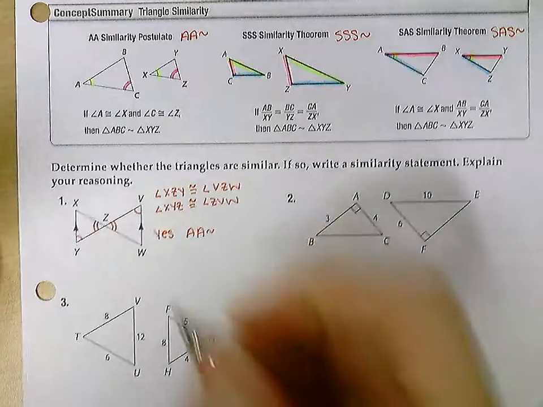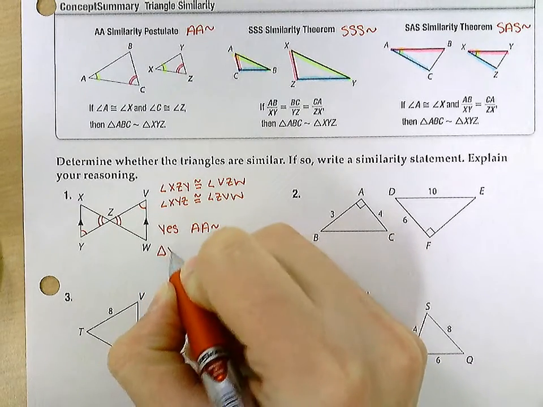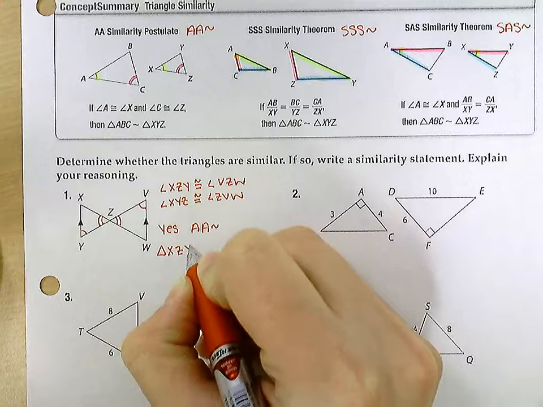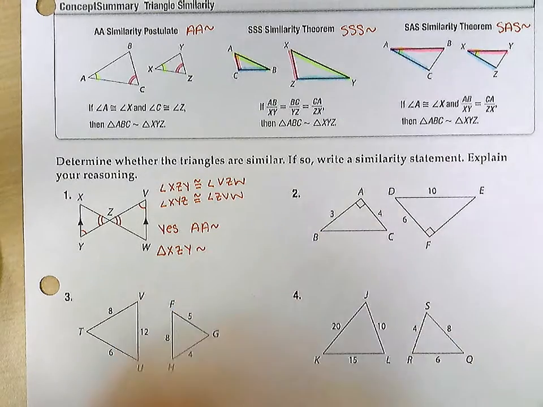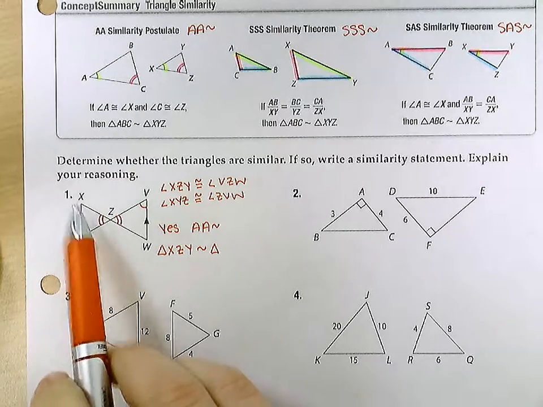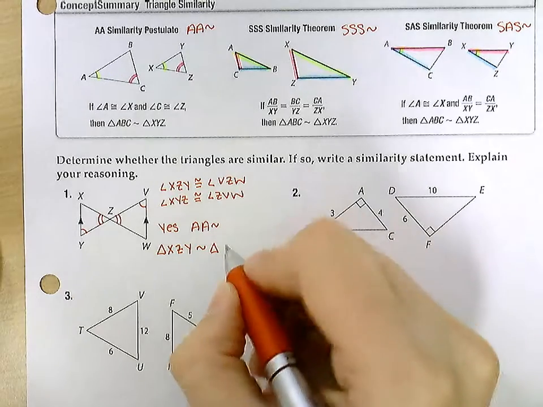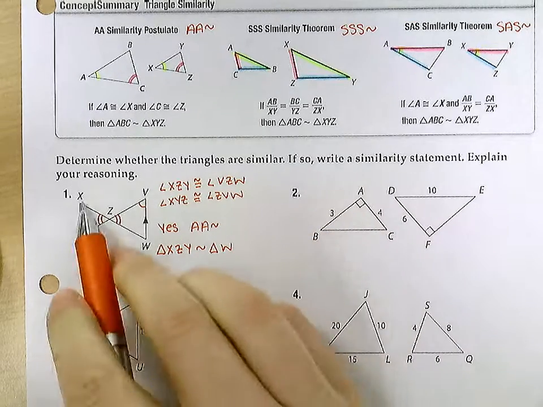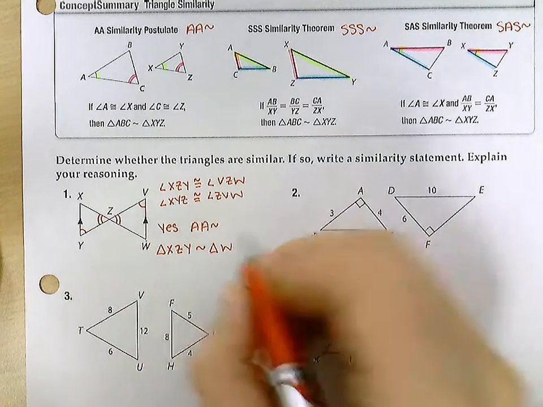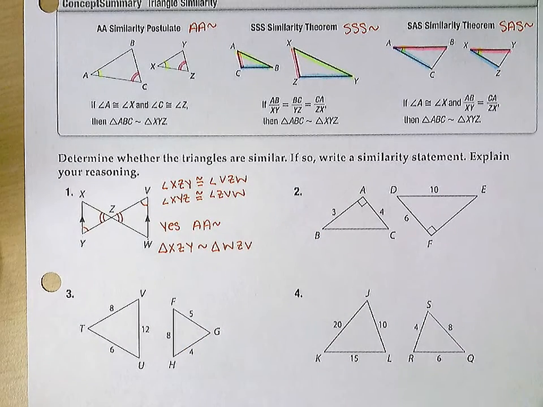So my similarity statement here would be triangle XZY is similar to triangle. Since I started with X in this triangle here, I need to start with W in this triangle here. Then I went to Z, so again I'll go to Z, and then finish with V. So that has to go in that specific order.